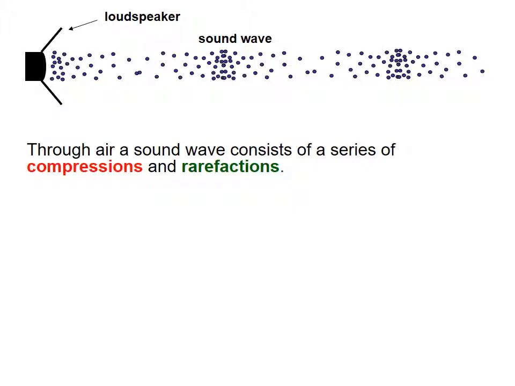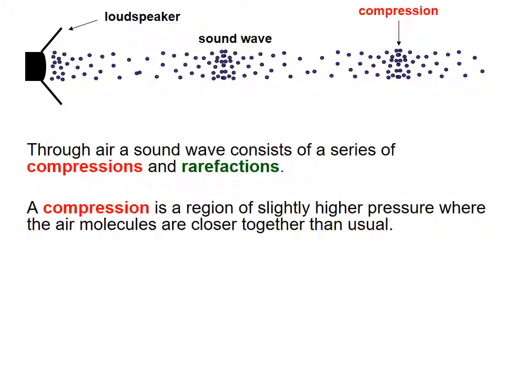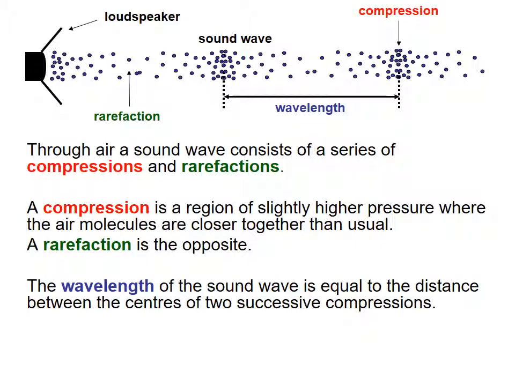Okay, this is where this part here is, and where they get spread out, which is the area here, which we call a rarefaction. So a compression is a region of slightly higher pressure where the air molecules are closer together than usual, and the rarefaction is the opposite of that, where they're more spread out. And a wavelength is going to be the distance between the maxima of the compressions, or alternatively the minima of the rarefactions.